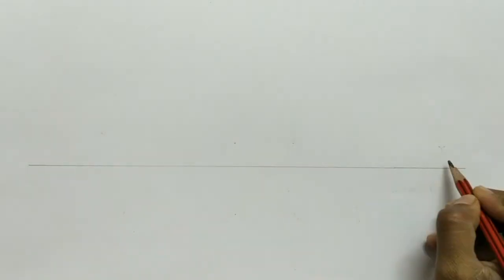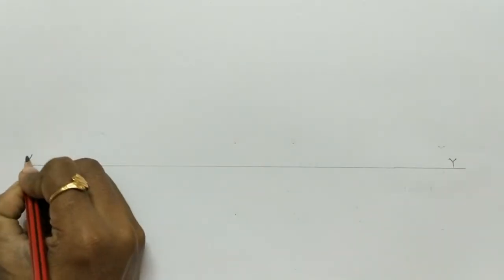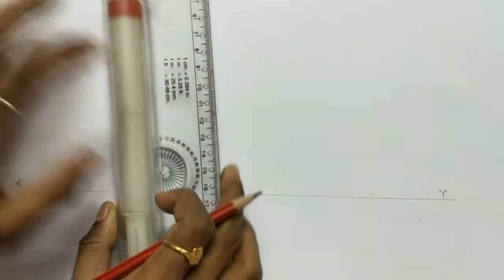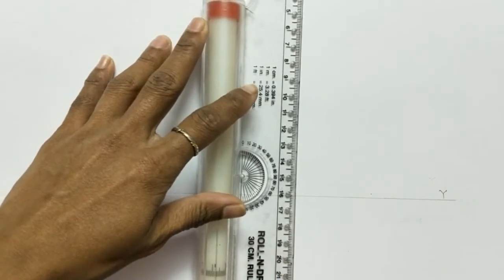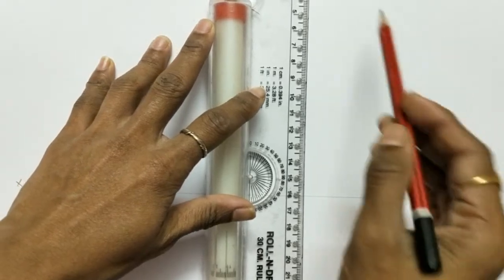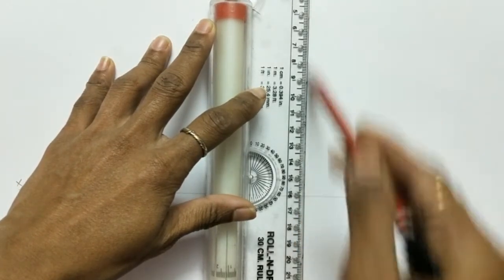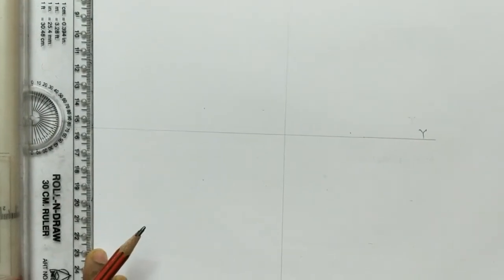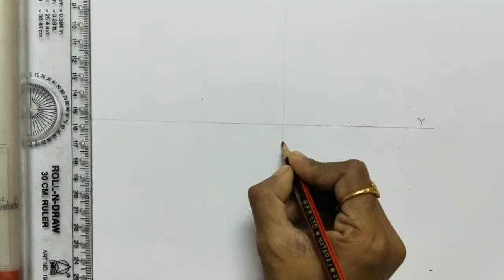Give name to this line as X and Y. Now draw one vertical line and take any point on this line.